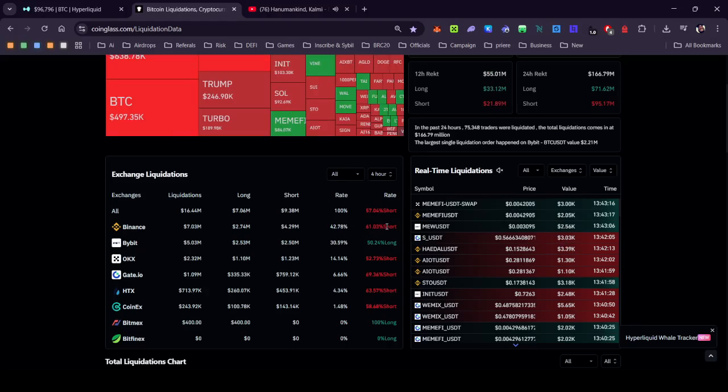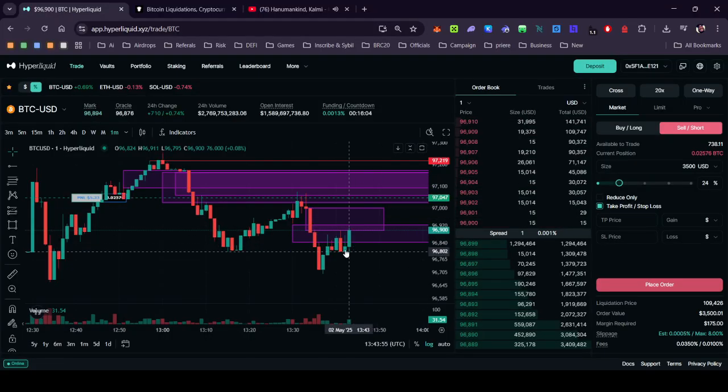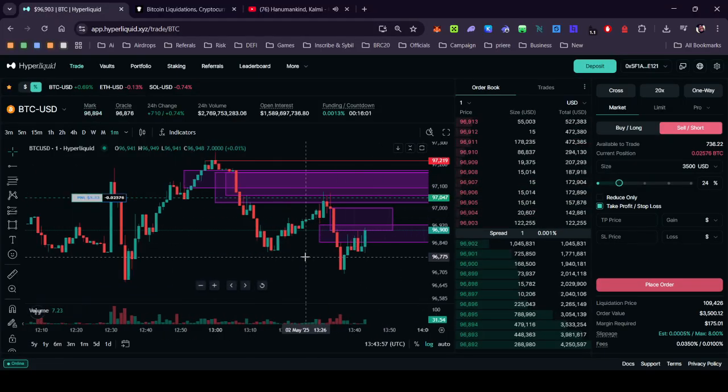Binance with 61% shorts, Bybit wrecking longs with 50%, and this shows since they have been hacked, they have been manipulating the market a lot to get back their money, while every other exchange is showing shorts being liquidated. And it shows in the chart the manipulation occurring.